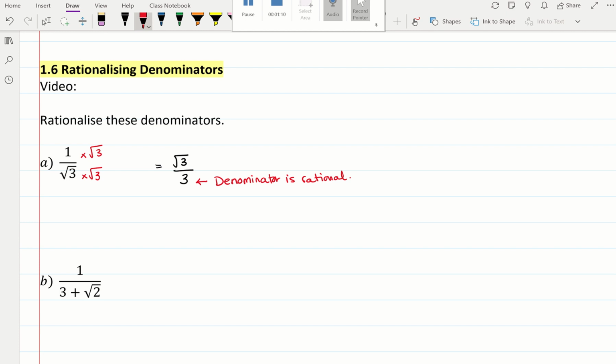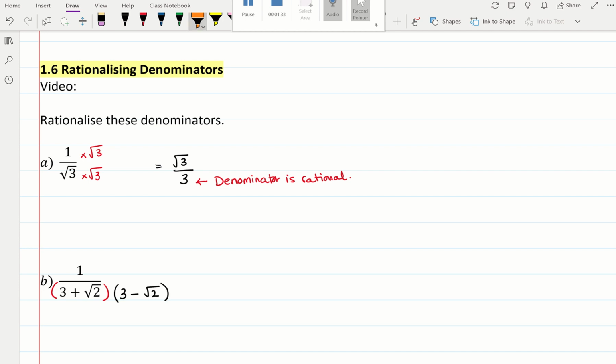Now it gets a little bit more complicated when the denominator has a surd, root 2, but it also has a number that is added or subtracted to the surd. For something like this, you treat this denominator as if it were a bracket, and you're going to multiply the denominator by a similar bracket, but with an opposite sign.